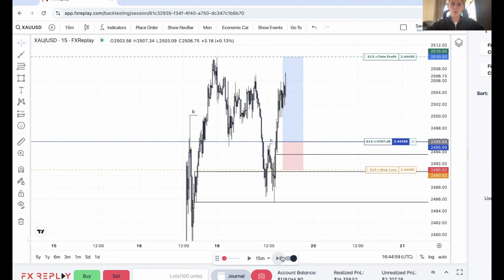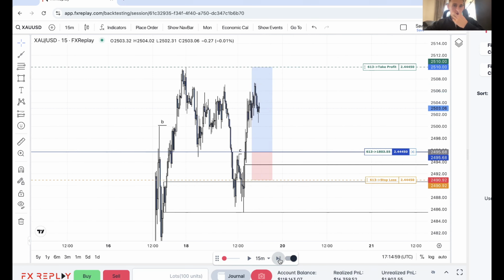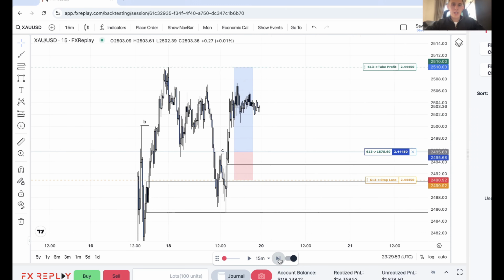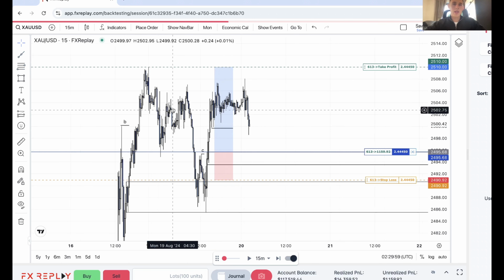There we go. So one area I would watch for a reversal would be this liquidity level. So we have seen a small reaction from it. So price has also taken out these lows now.